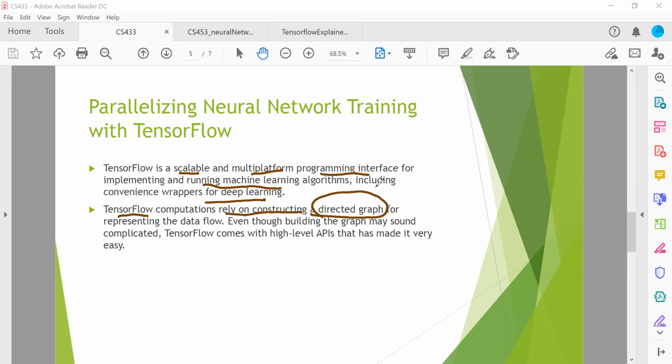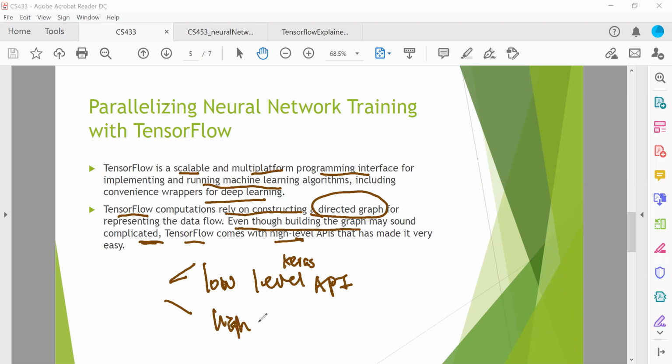Even though building a graph can be very complicated, as we will see later, TensorFlow now also has a high-level API like Keras, as well as a low-level API.